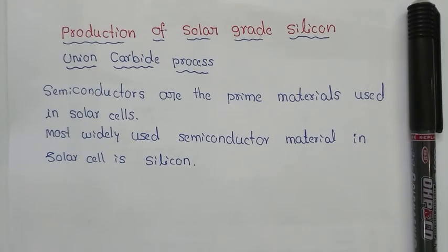Pure silicon being a semiconductor, its conductivity can be increased by the process of doping, mainly n-type doping and p-type doping.